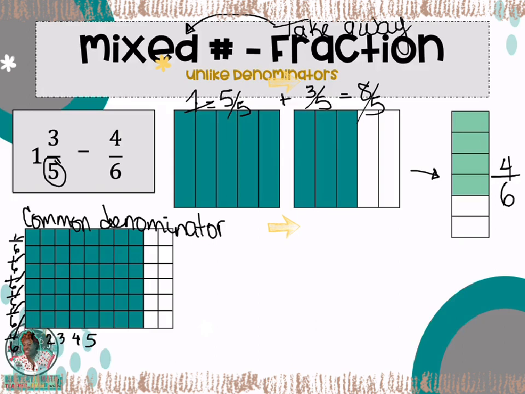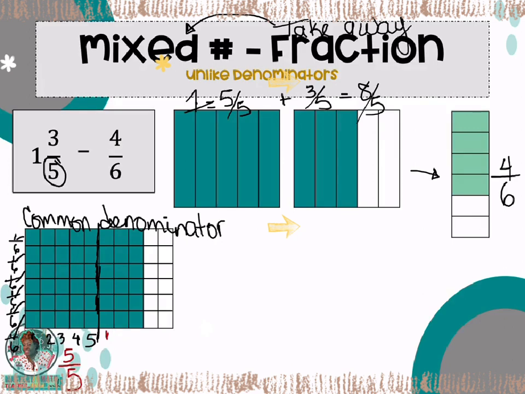One thing I did not explain is that notice that you have 2 wholes going on right here. You have 5/5 right here, and you also have another fifth going on.